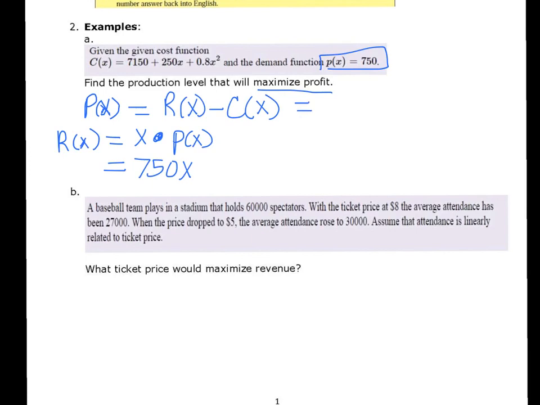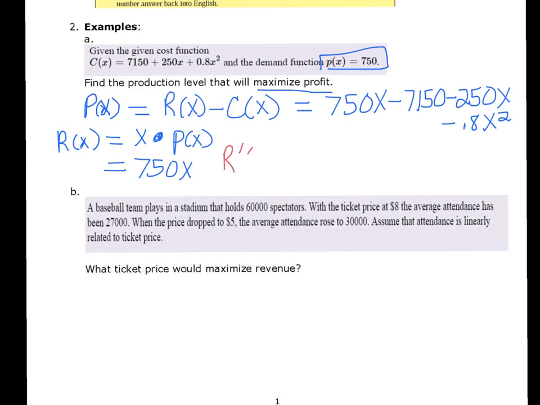So we can plug those in here. R of x is 750x, and then subtract the cost function. So it's going to be minus 7,150 minus 250x and minus 0.8x squared. Then we can take the derivative of that.